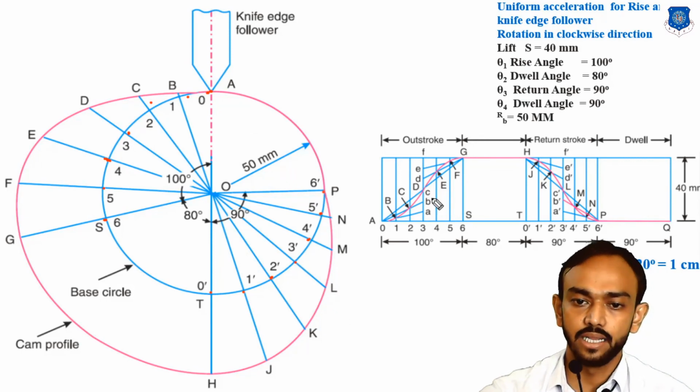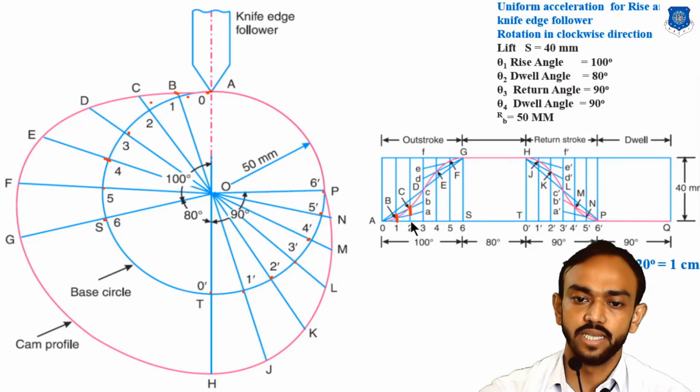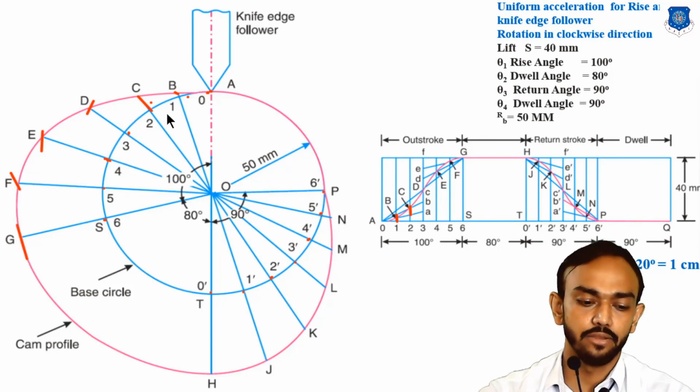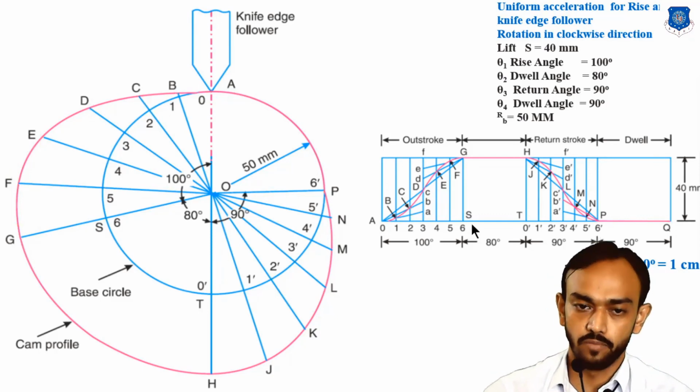After that, using this distance, 1 to B is here, 2 to C is here. So take this point. We are going to make some arcs also. You can make the arc here using a compass, and the same here, and you join all the points and you will get this cam profile. Okay, thank you.